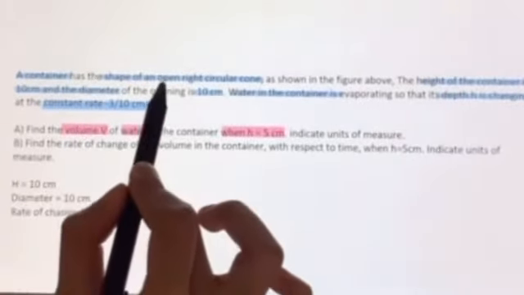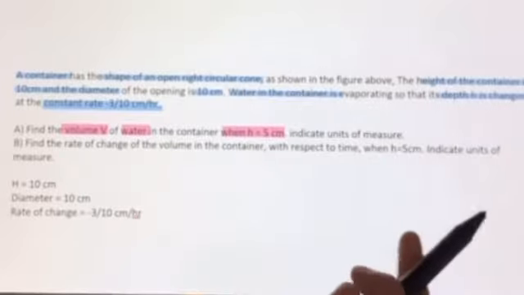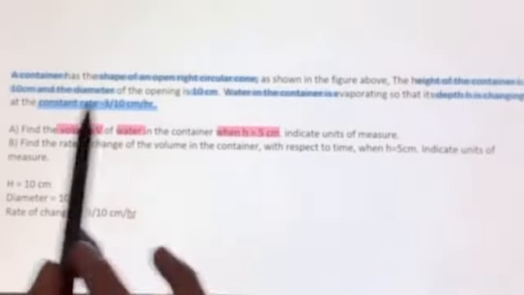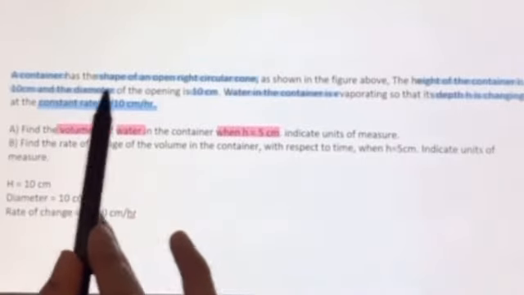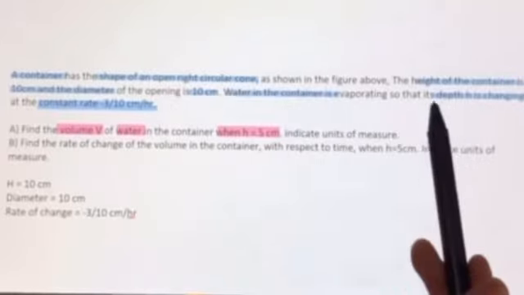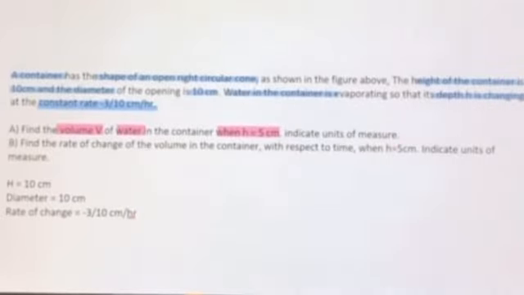In this question, it is stated that a container has the shape of an open right circular cone. As shown in the figure above, the height of the container is 10 cm and the diameter of the opening is 10 cm. Water in the container is evaporating so that its depth h is changing at a constant rate of -3/10 cm per hour.